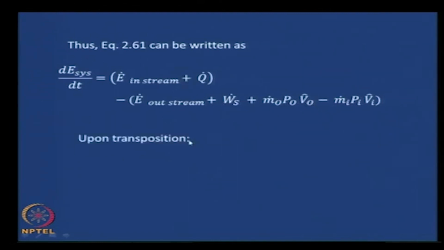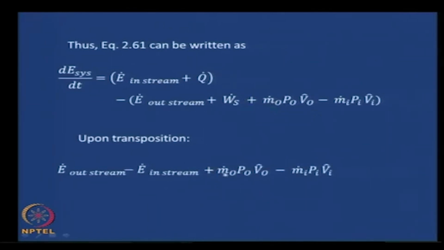Now, if you transpose this, in our standard way, if you take terms to one side and so on, E dot of the outlet stream minus E dot of the inlet stream. There is a minus here, there is a plus here, therefore it is actually a minus.